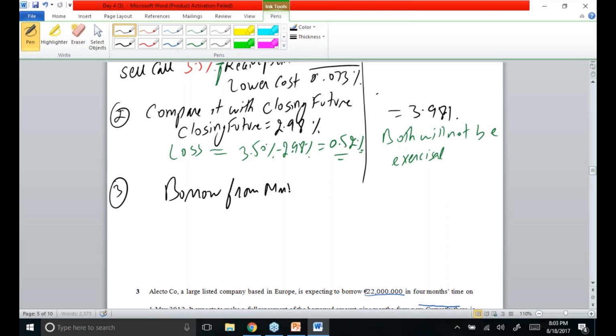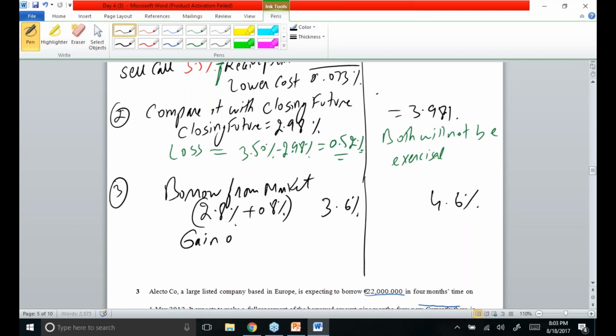Borrow from market. You can copy this step from the future option. It was 3.6 and it was 4.6. Gain or loss on collar 0.5.